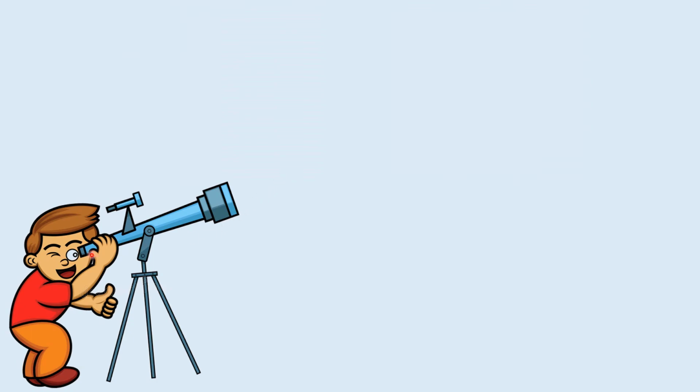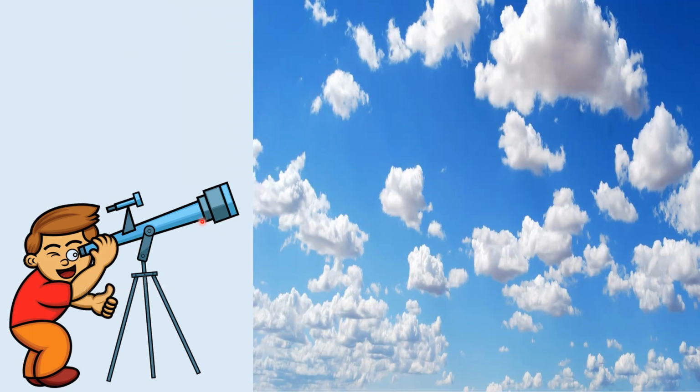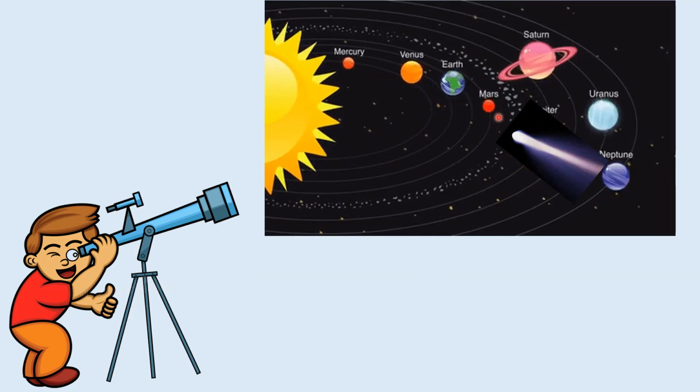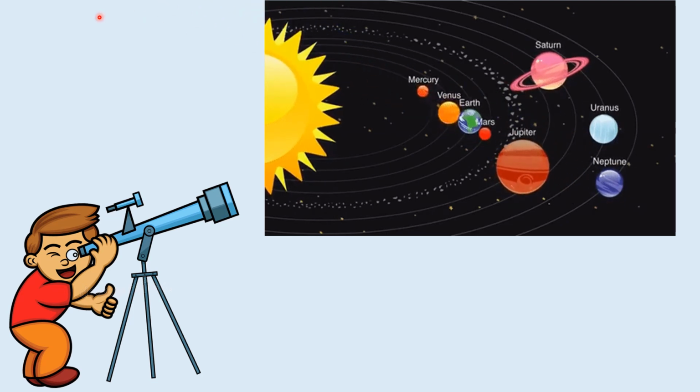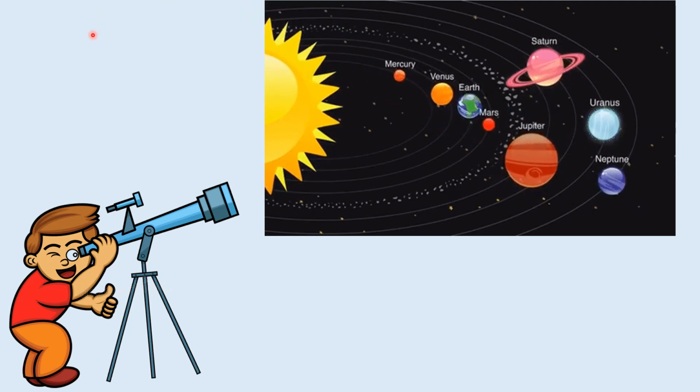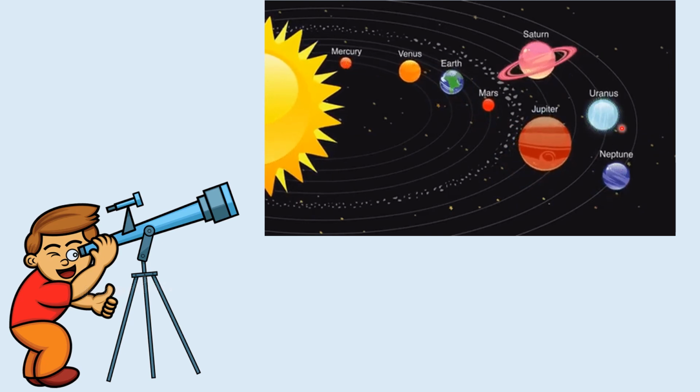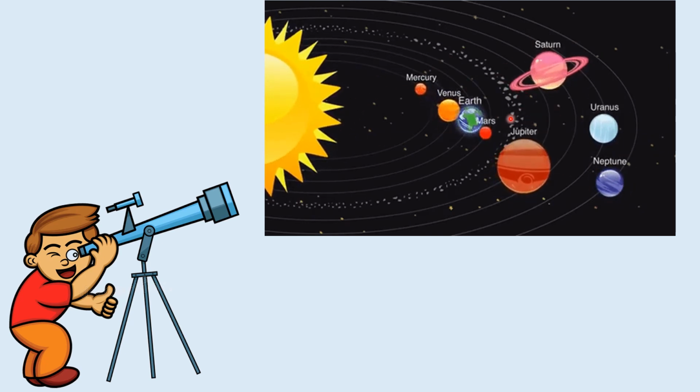My telescope. I bought myself a telescope to look into the sky, to see the solar system and the comets whizzing by. I searched the sky for planets, for satellites and stars.